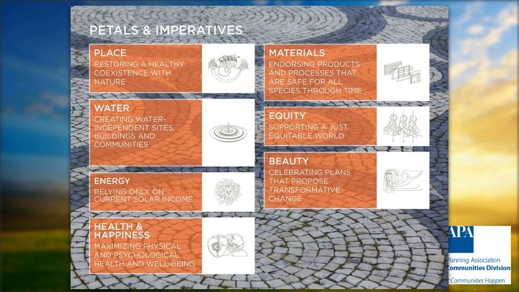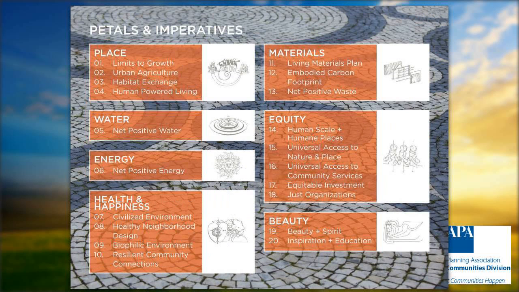We call them petals, again, using the metaphor of nature. Within each of these petals, there's a series of performance requirements called imperatives. Completion of all 20 imperatives is necessary for those seeking full Living Community Challenge certification.